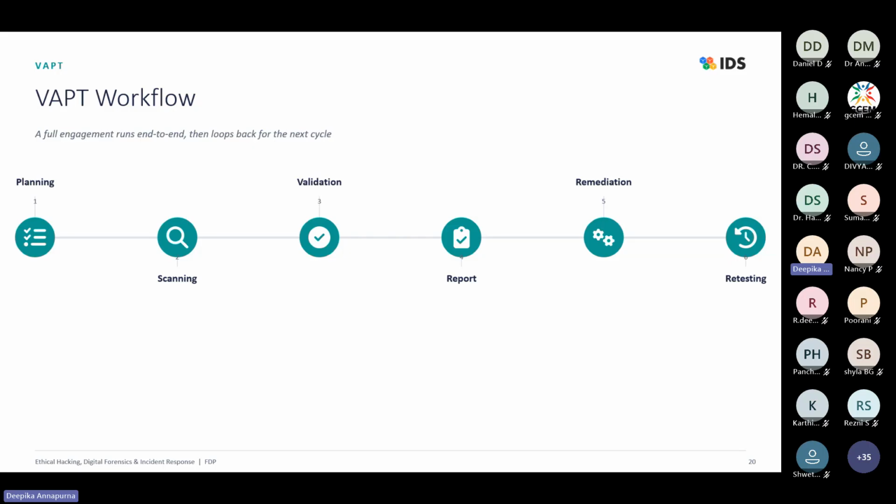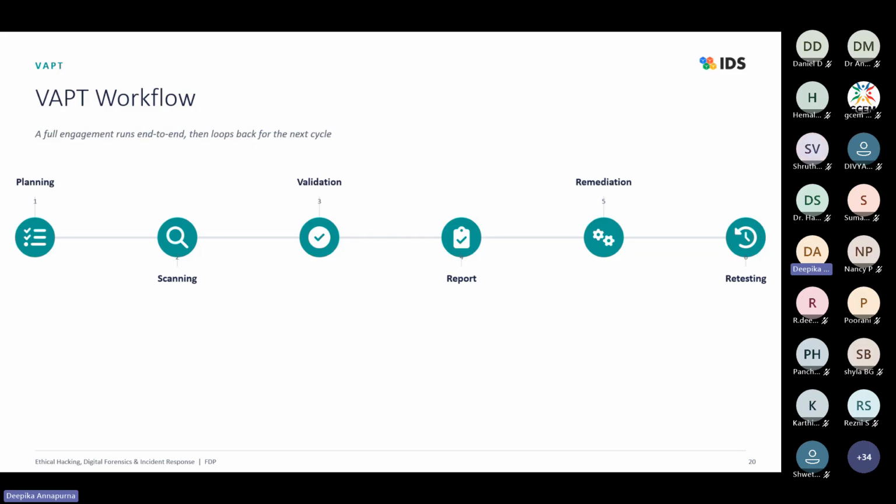And the third step is validation. As I told you, in the vulnerability assessment phase, the tools will automatically detect all the possible vulnerabilities, whether true or false, and everything will be listed. So what is the next step?